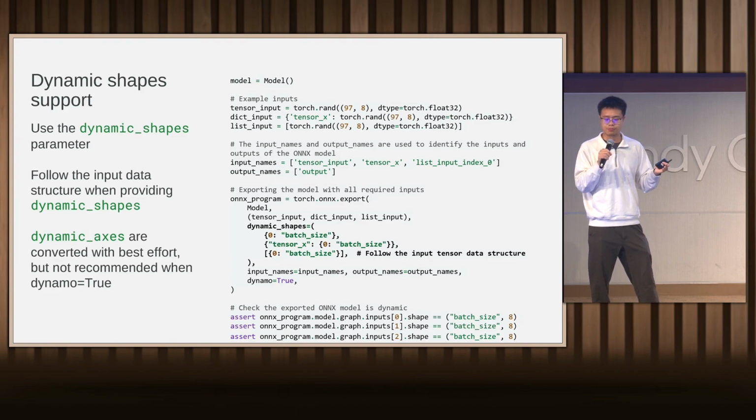You need to provide it following the input data structure. Essentially, if you have a list as input example tensors, then you would provide the dynamic shapes in a list as well, following whatever you input. In this example, the list input is exactly a Python list, and that's how you provide the dynamic shapes.